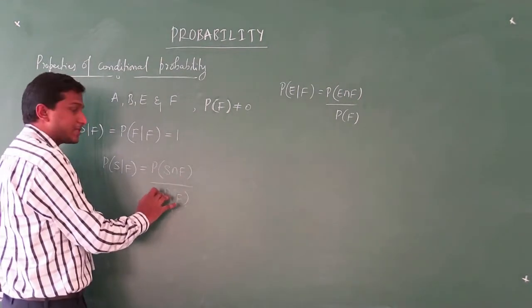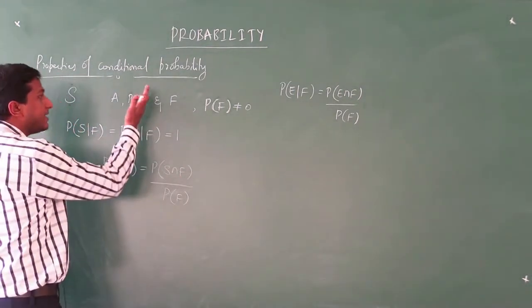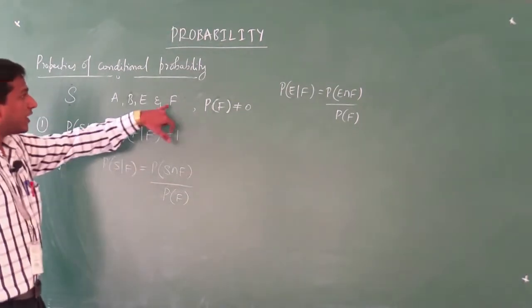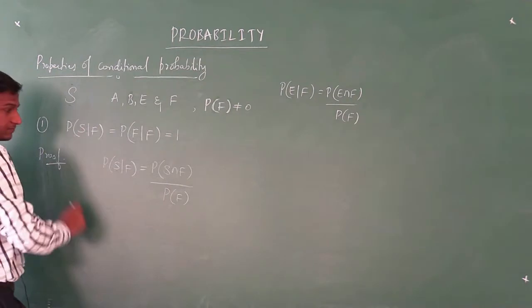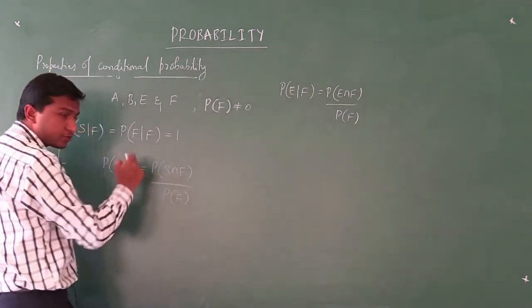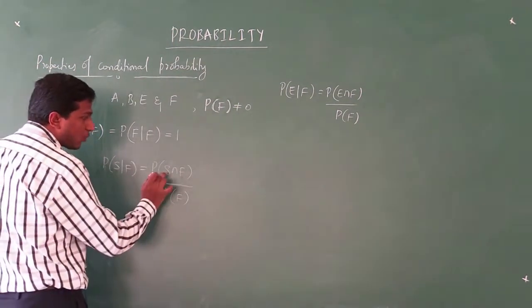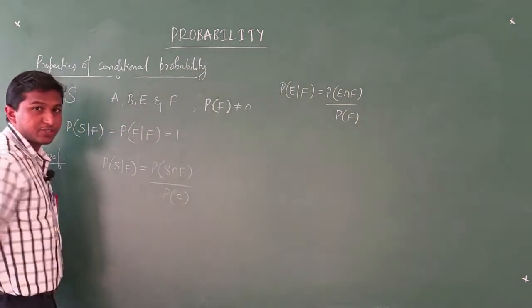Now, what is sample space? S is sample space. F is an event of S. So F is a subset of set S. So what will S intersection F be?